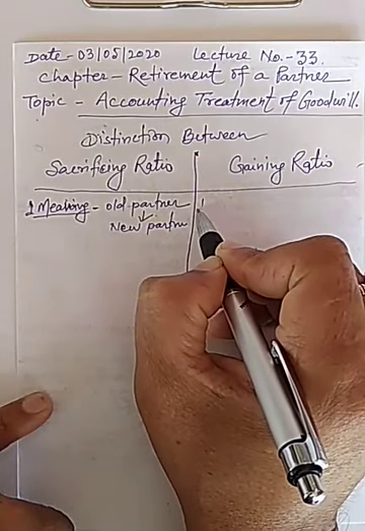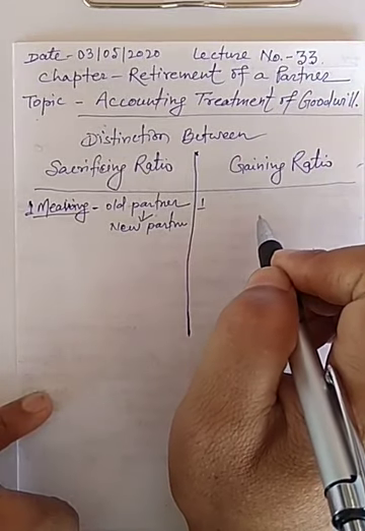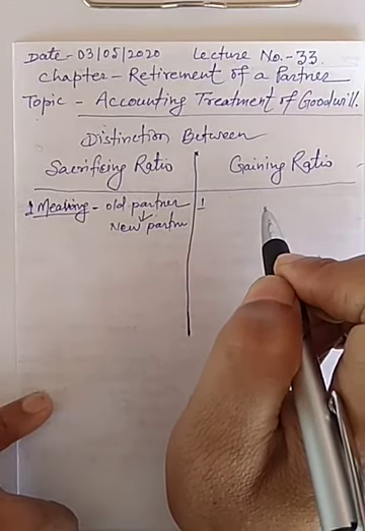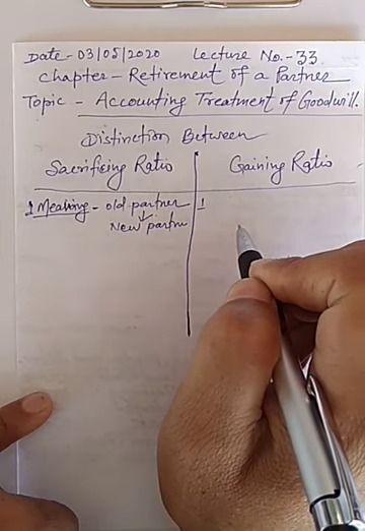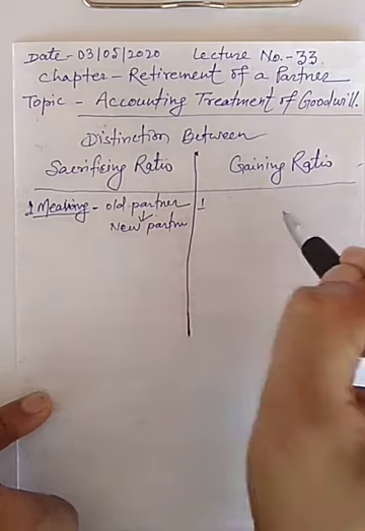Gaining ratio is the ratio in which remaining partners acquire share of profit from the outgoing partner.